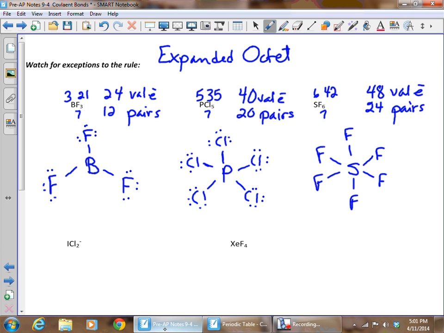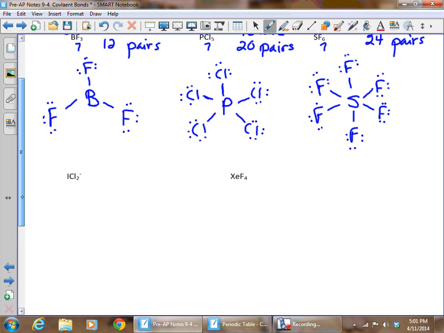We've used up 6 pairs of electrons, 7, 8, 9, up to 24. And everybody's happy, and sulfur's like stuffed. Again, it said to put 6, that's what we did.